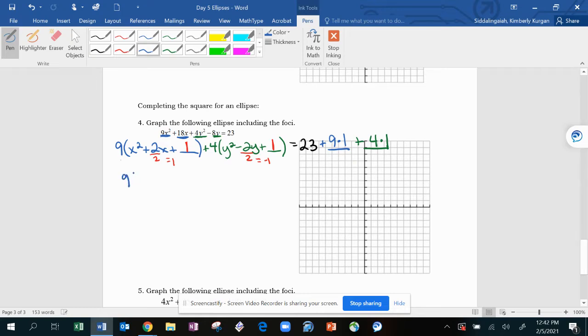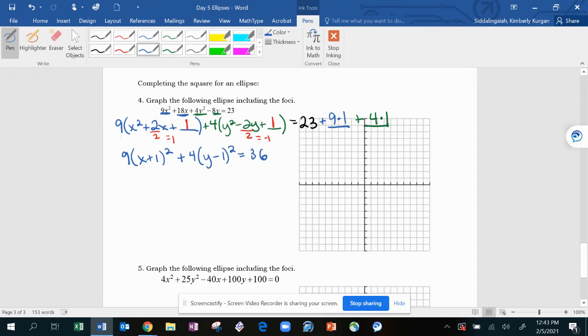So it's going to be 9 times the quantity x plus 1, quantity squared, plus 4 times y minus 1, quantity squared, equals, well, this is where I need a calculator because I'm going to do 23 plus 9. That is 32, plus 4 is 36. Okay, we're getting closer.